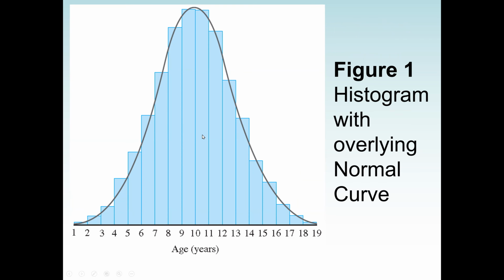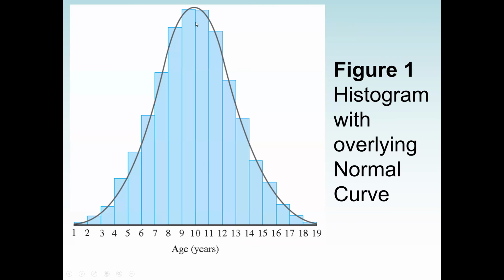It is symmetrical at the center. So the center will be our mean. And one of the main properties of a normal distribution is that the mean, the median, and also the mode are equal. So the mean is equal to the median and mode, and this normally is at the center of the distribution.